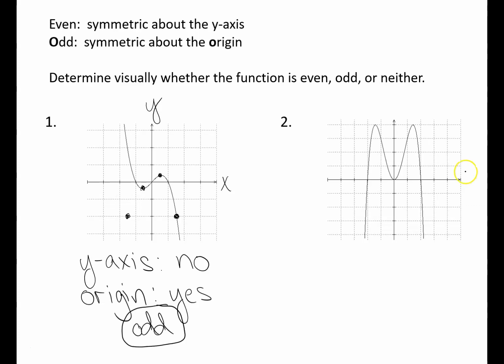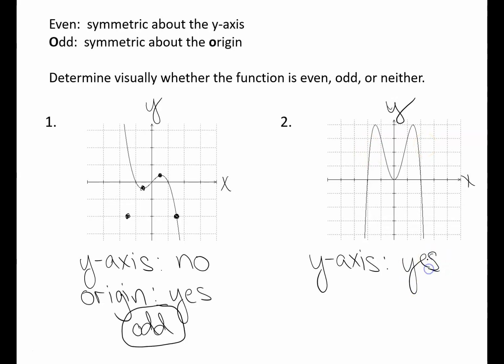Okay, number 2, this is x and y. Let's think about y-axis first. So we're looking at the right side. If we fold the right side over the y-axis, would it be on top of the left side? And yes, it would.